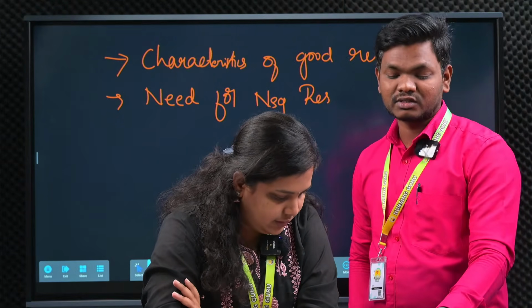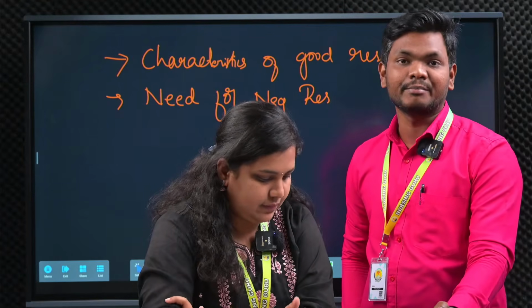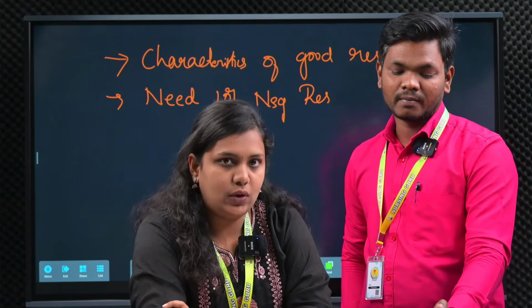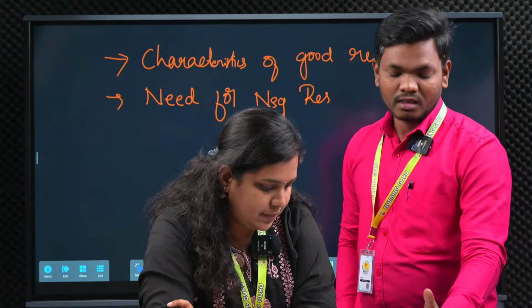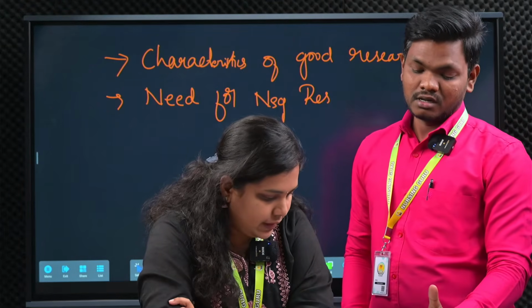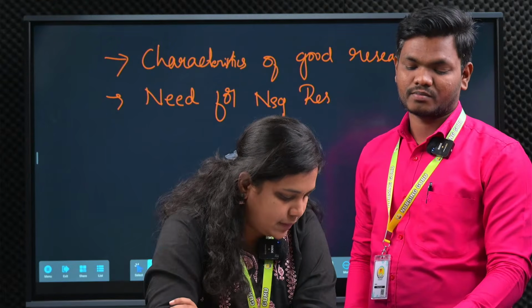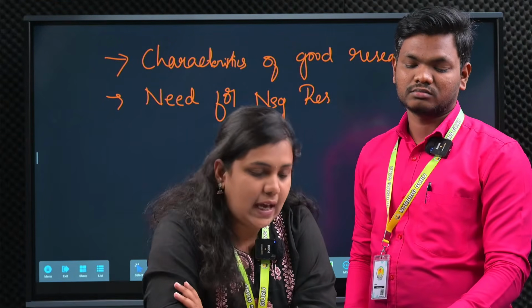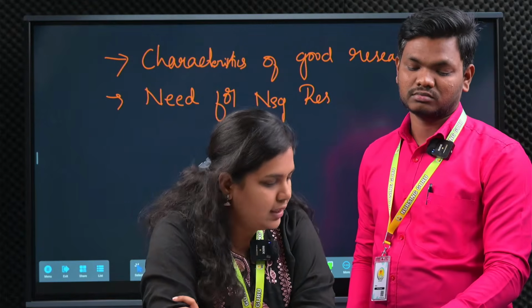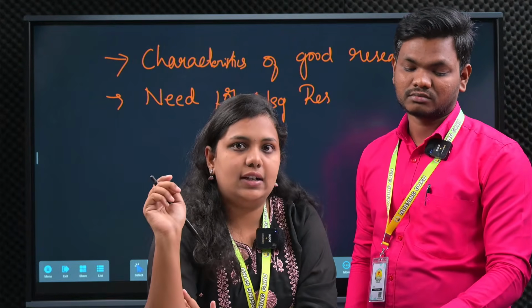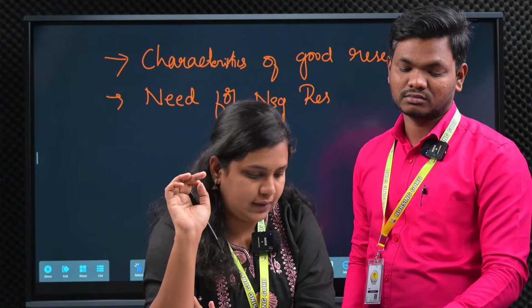We can list the characteristics: systematic, logical, empirical, objective, controlled, replicable, valid, meaning it should have some value, and generalizable. These are the characteristics of good research. You can write it down, and one more point you can add is scientific.